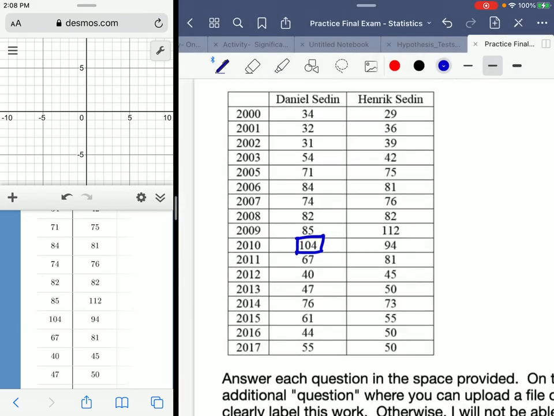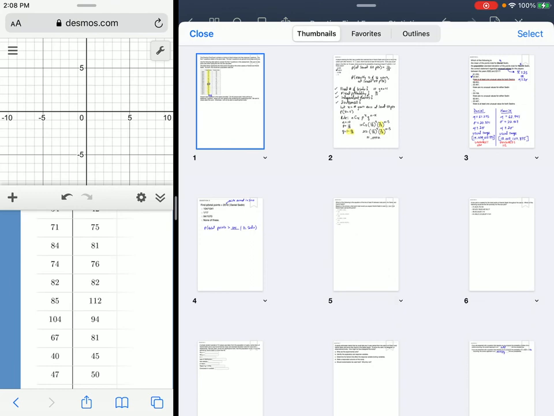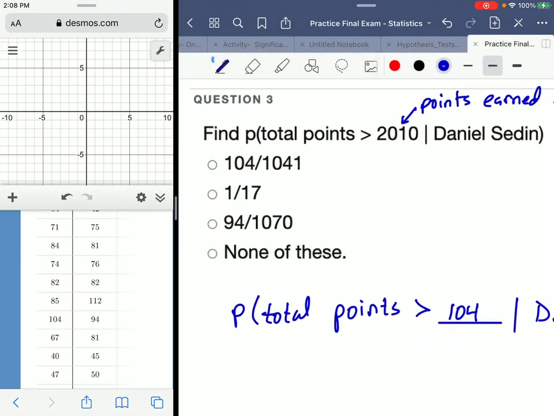Focusing only on this first column, 104 is my cutoff. I have 1, 2, 3, up to 17 values. How many are greater than 104? None of them, so 0 out of 17.